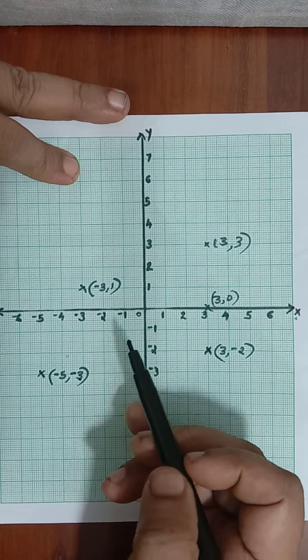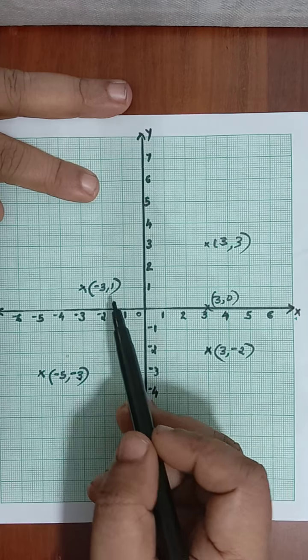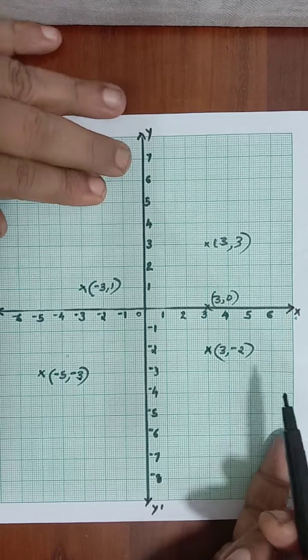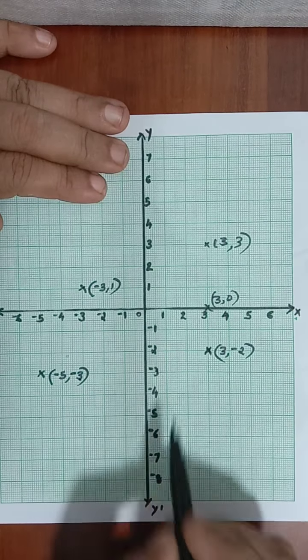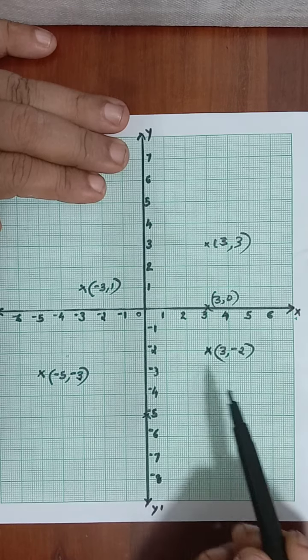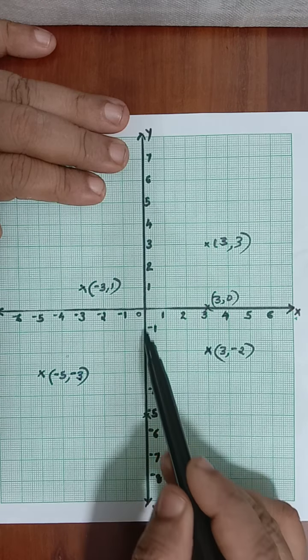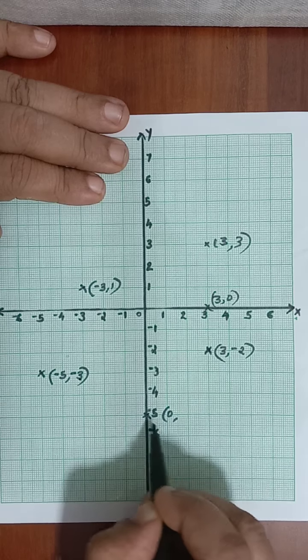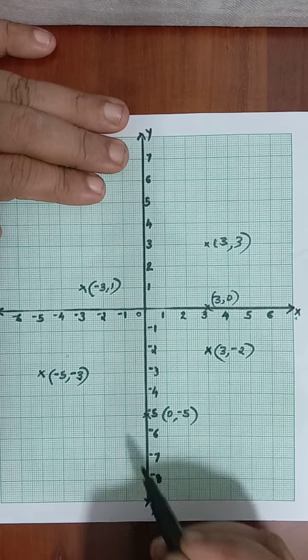This is how we can mark points on the coordinate axes or Cartesian plane. On the y-axis, if you mark a point, what is its x coordinate? It will be 0. From the x-axis it is 0 and y coordinate is negative 5.